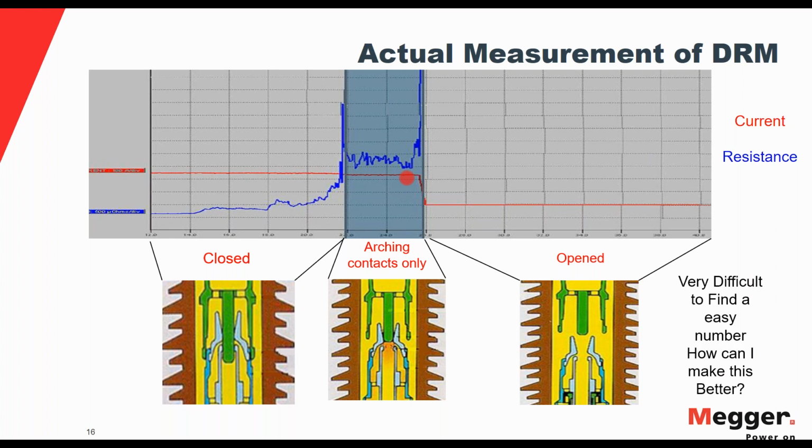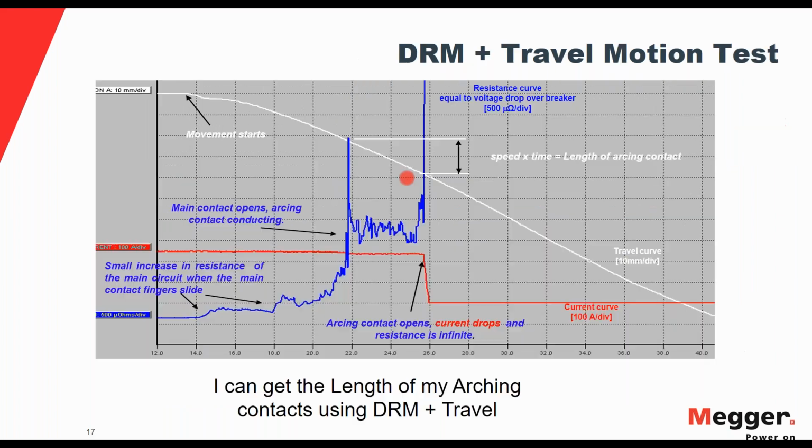So how can I solve this? How can I make this measurement better? Guess what? You use a motion test with the DRM test. In addition to the DRM test, you add a travel motion test as well.